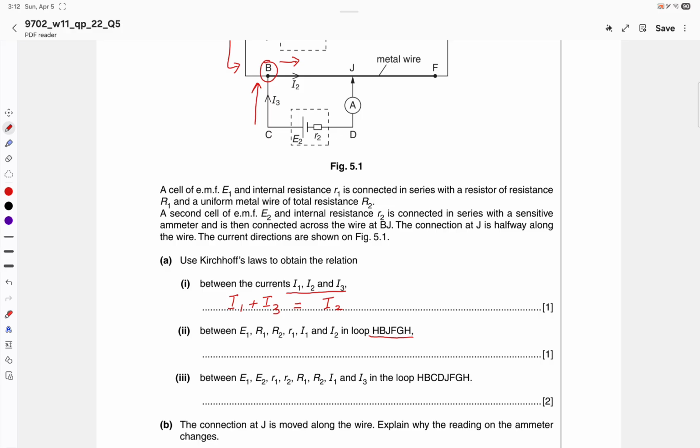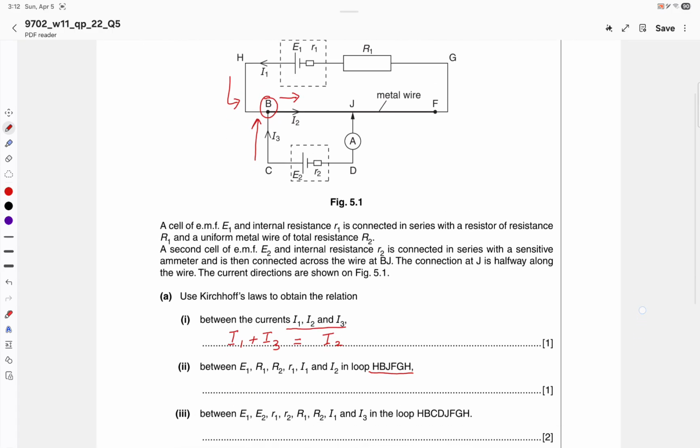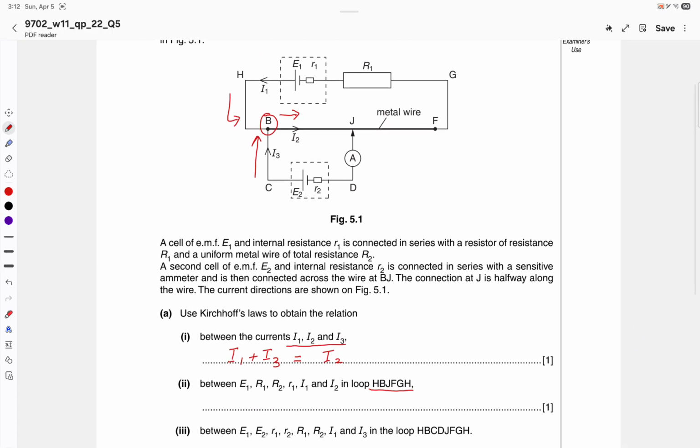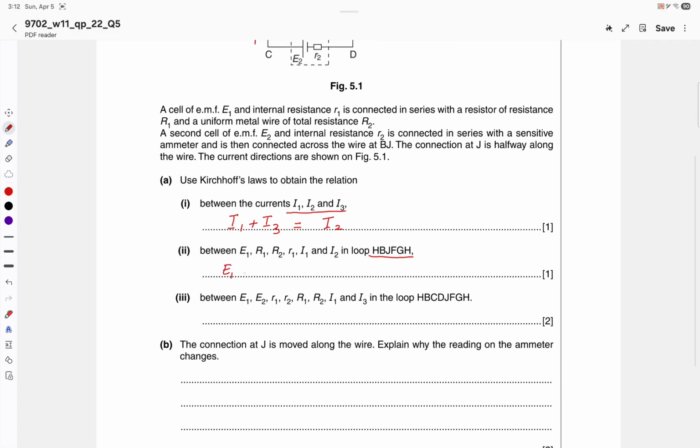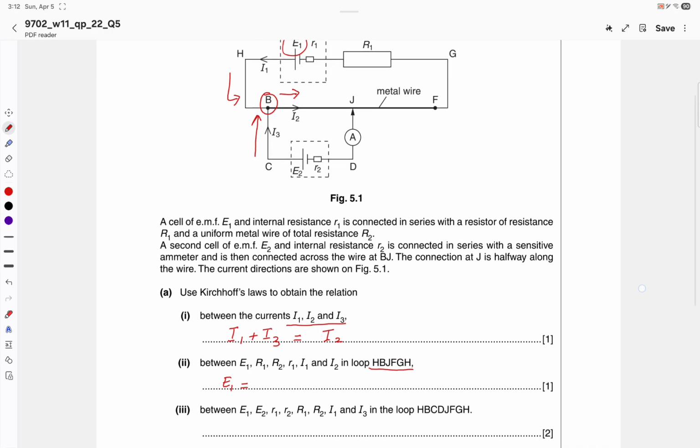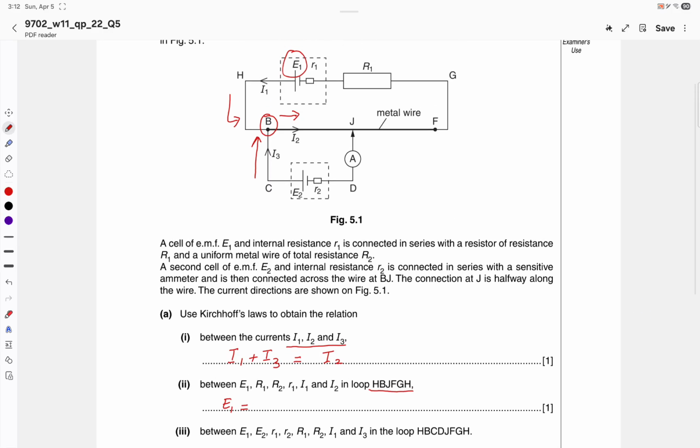For a provided loop, the total sum of EMFs must equal the total sum of the products of IR. In the loop provided, only battery E1 is connected. So first of all, E1 must equal the products of IR. Remember, for finding the products of IR, the current must exclusively flow through a resistor.